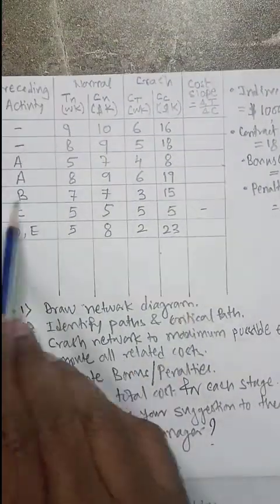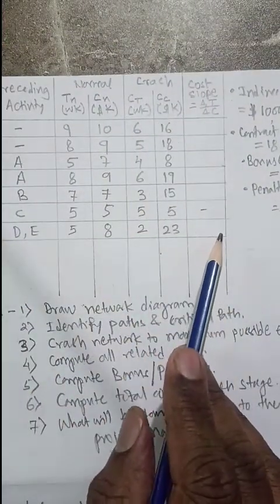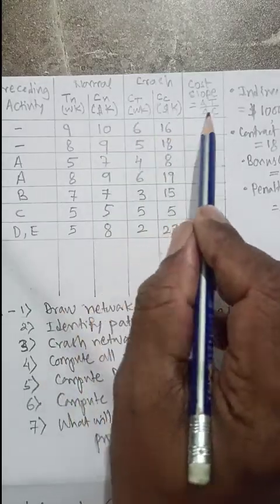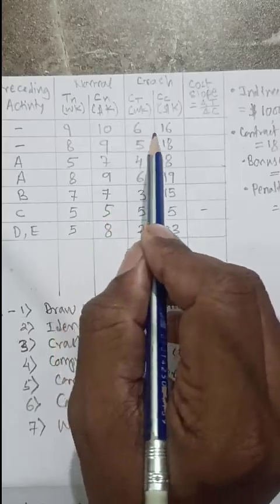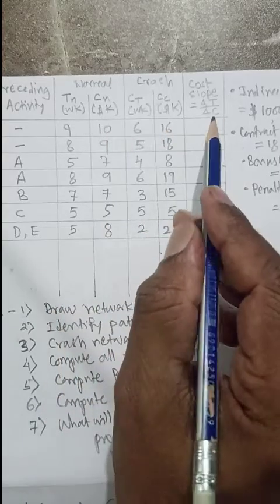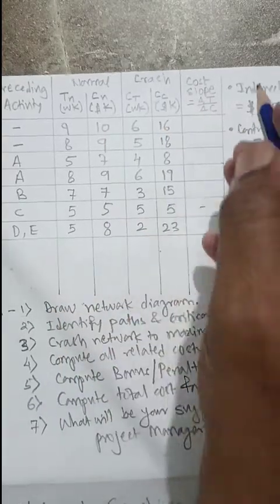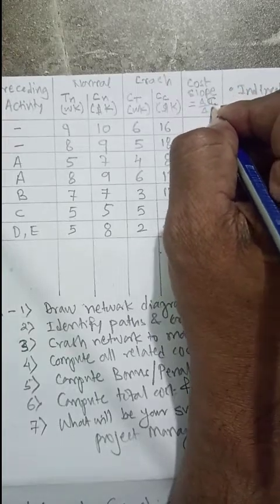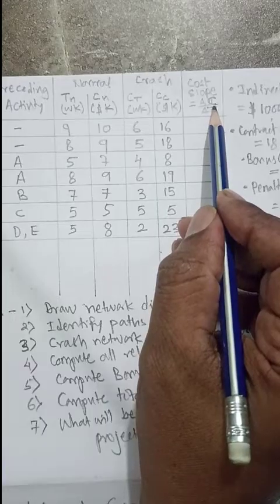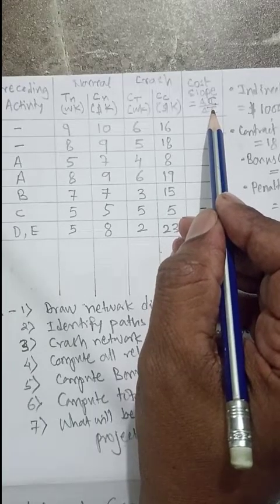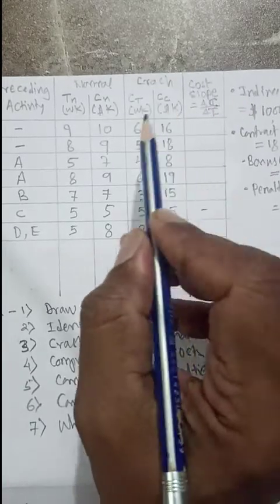For all the activities, we have to calculate the crash cost, which is nothing but delta C upon delta T, right? So how much cost are we going to require for one week of crashing?